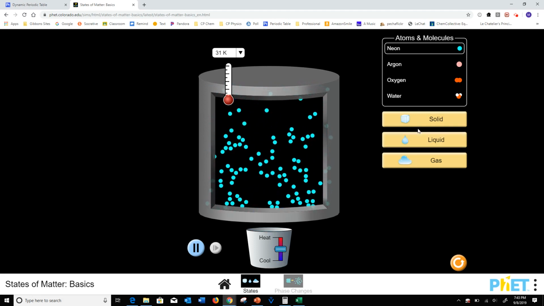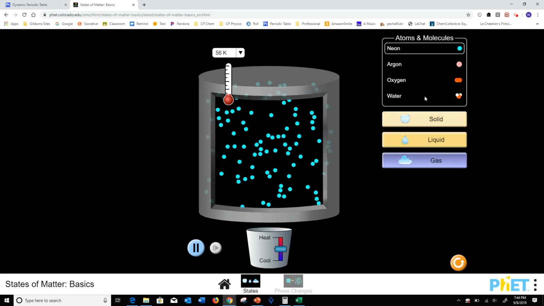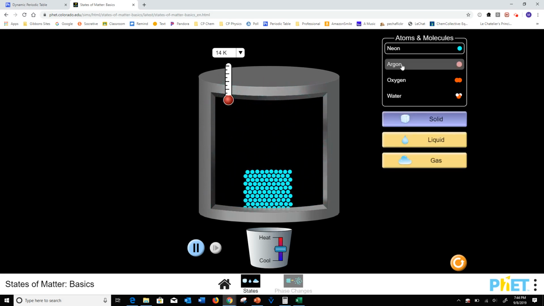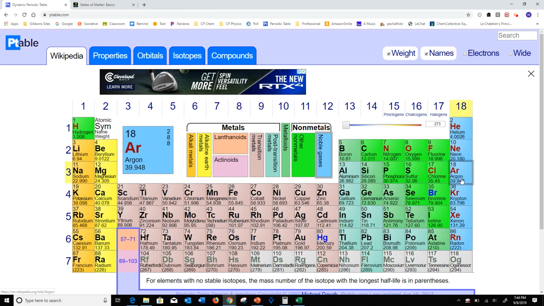The other thing that hopefully you notice is that, going from neon to oxygen to argon, the temperature is going up, right? Neon's 14, oxygen's 27, argon's 43. And that actually has to do with their mass, if you don't quite understand this yet. Neon weighs 20. Maybe some of you know that from previous classes. Oxygen weighs 16, but there's two of them, so that's 32. And argon weighs about 40.